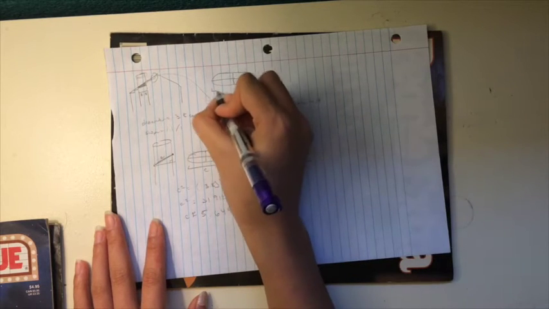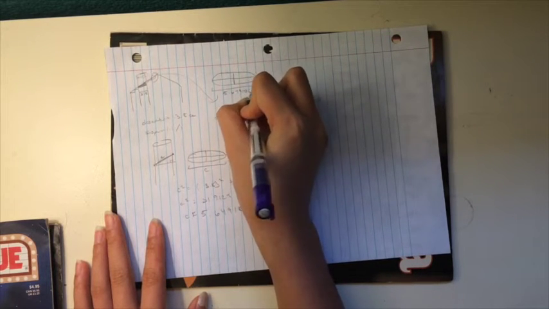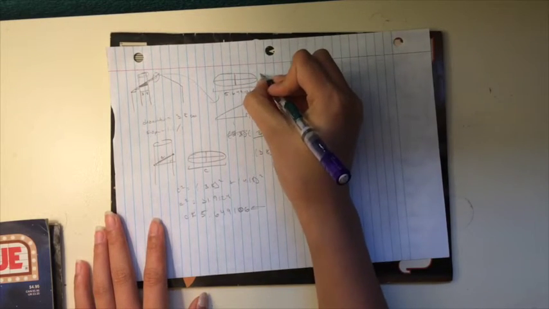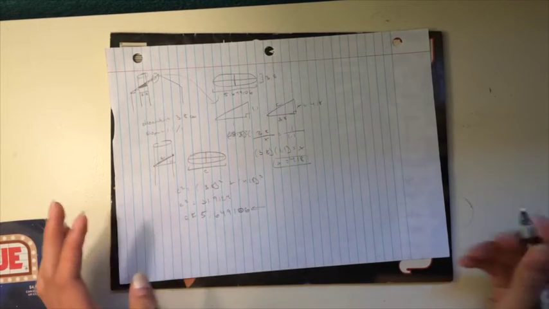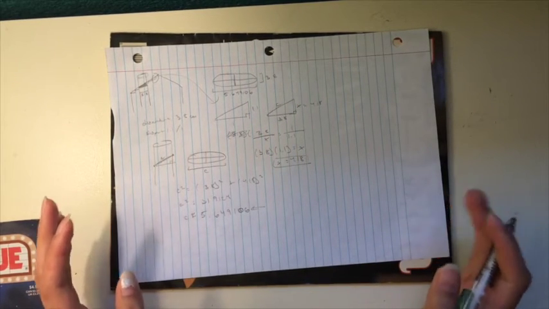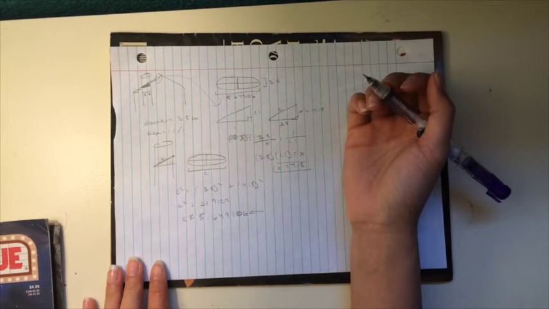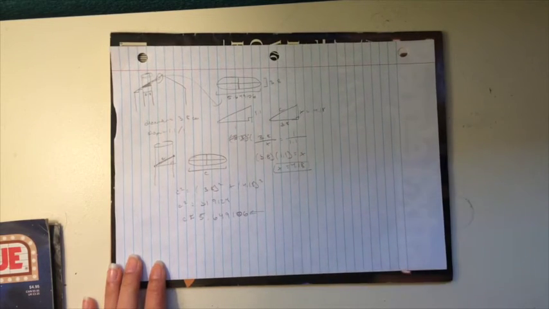So we already have that one down: 5.649106. And it's hard to explain, but this part right here, the minor axis, is just the diameter. Okay, so after you found the major axis and the minor axis, now you just need to plug it in.